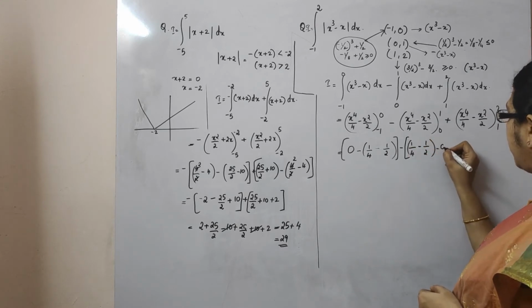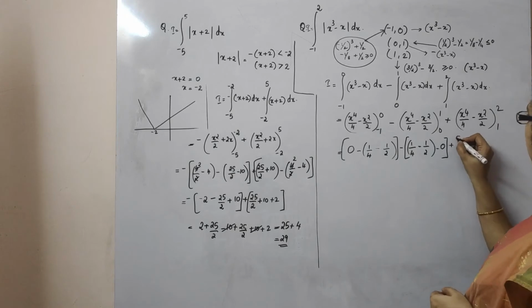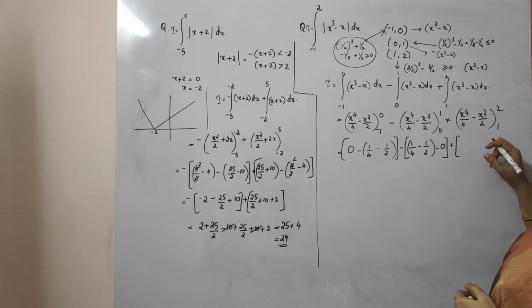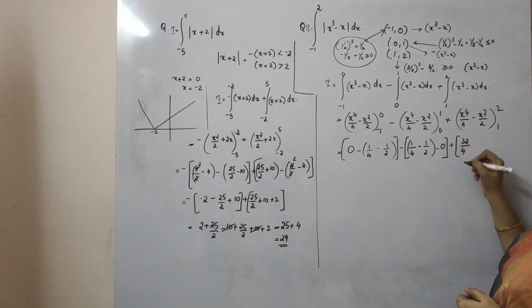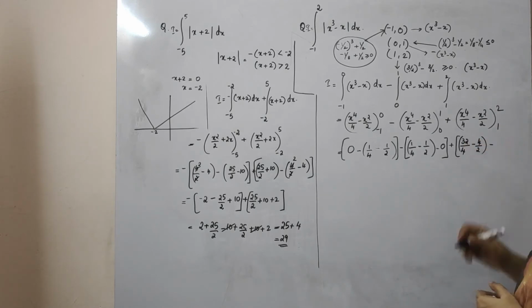Upper limit minus lower limit is 0 plus upper limit 2 raised to the power of 4. That gives me 16. 2 into 2, 4 into 2, 8 into 2, 16. Sorry, this is 16 itself, correct. I took x raised to the power of 5 by mistake. Okay. So this is how I get it.